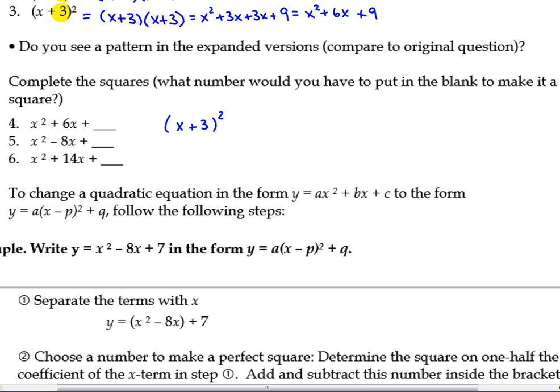So if it was x plus 3 times x plus 3, what would the last term had to have been? 9. Okay, so notice there's actually an easier way to get that. Let's try one more time. This would have had to have been x what? Minus 4 squared. And so the last term will have to be 16.